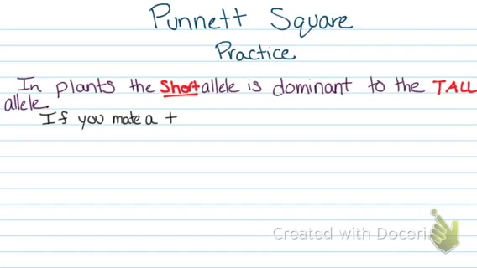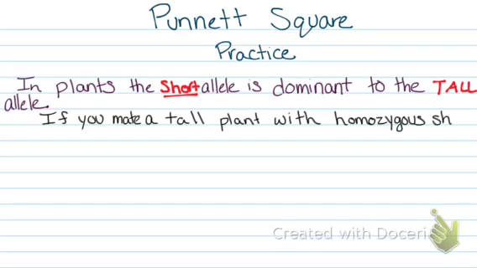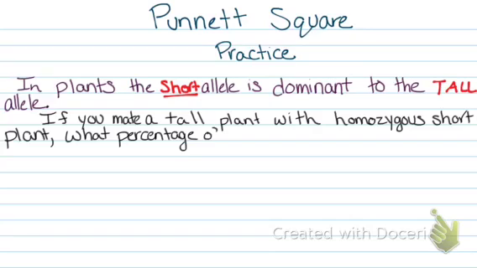In this example, we're going to mate a tall plant, and remember, tall is now the recessive, with a homozygous short plant. And we're going to figure out, as we did before, what percentage of the offspring.